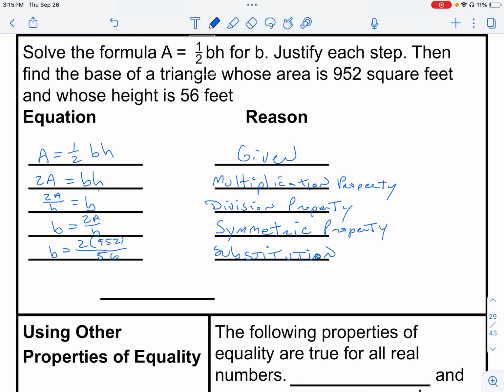And then we just have to do the math. 2 times 952, it's going to be 1904 divided by 56. b equals 34 feet.